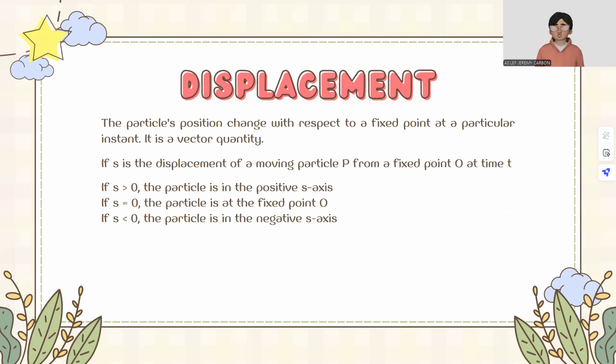If it is equal to zero, the particle is stationed at the fixed point O, or zero. If S is less than zero, or negative, it is therefore on the negative side of the S axis.